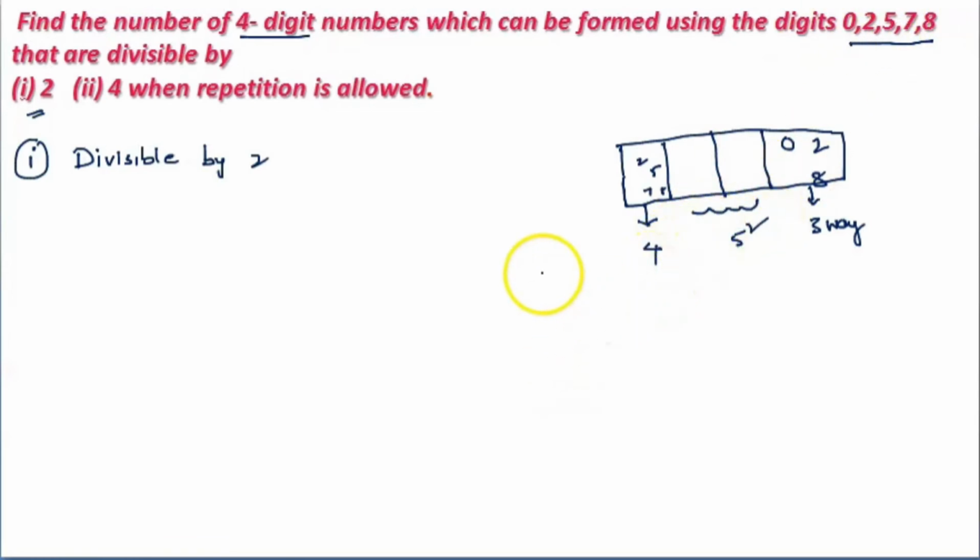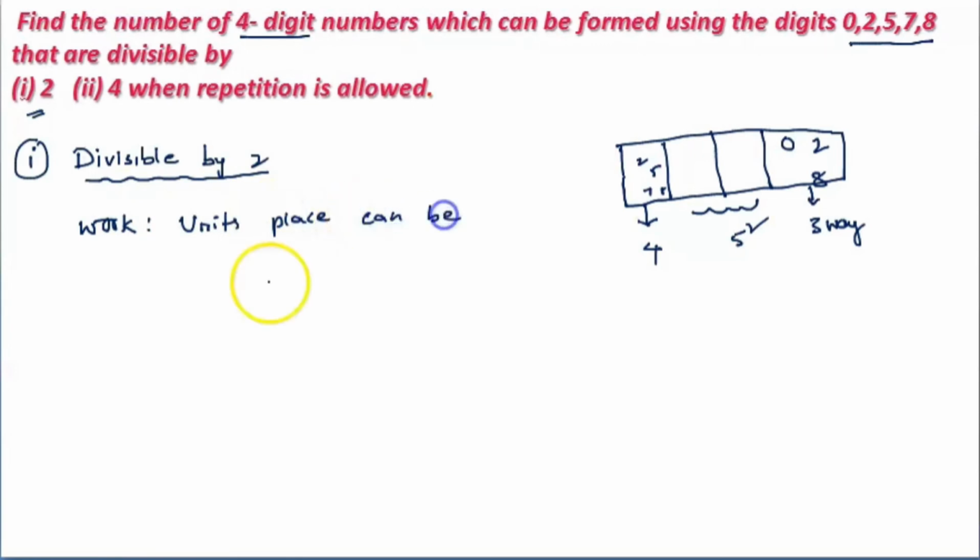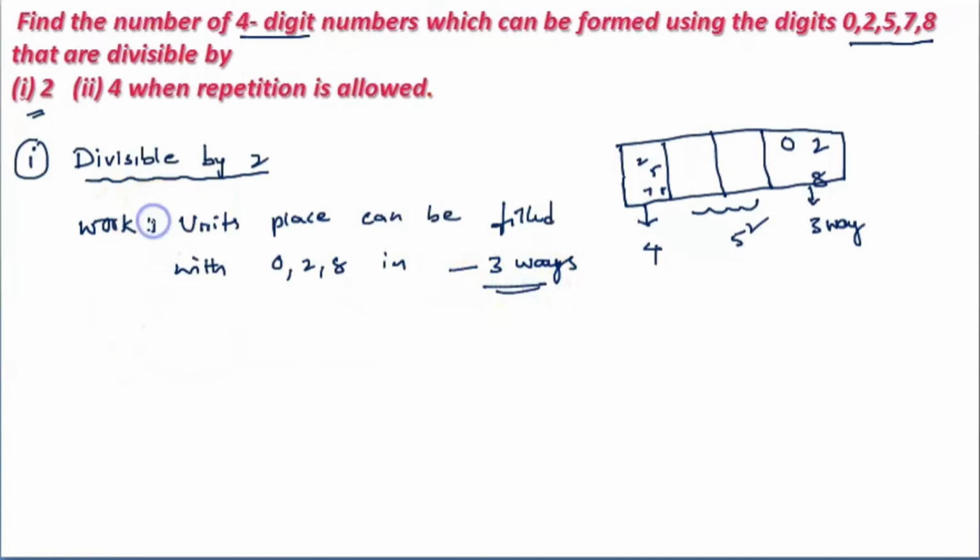Now you have to write it like this, divisible by 2. What is work 1? Work 1: the units place can be filled with 0, 2 or 8 in 3 ways. What is work 2?